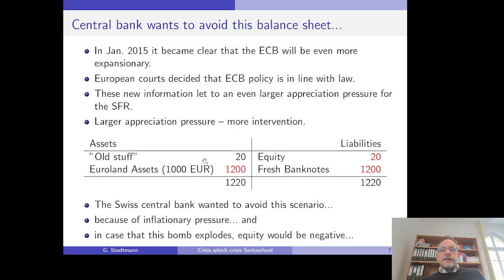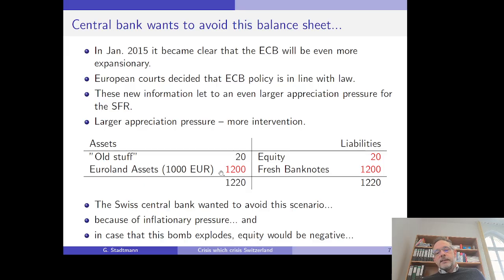So in case the Swiss central bank sticks to a fixed exchange rate system, they will have to buy more European assets. They have to print even more Swiss franc and buy European assets. But then the problem becomes even larger.